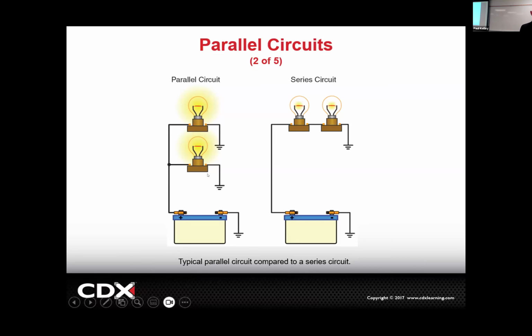So in practical application, the reason that's so critically different is in a series circuit, every bulb you add, you're adding resistance, you're lowering the amperage. In a parallel circuit, it gets a little crazy because if you add a bulb, you're adding another branch, which is actually lowering the total circuit resistance, so you're increasing the amps, right?